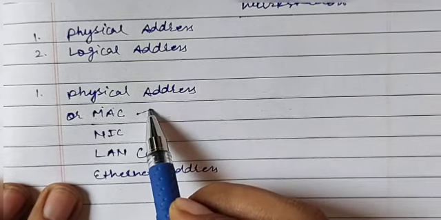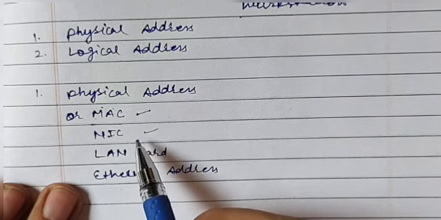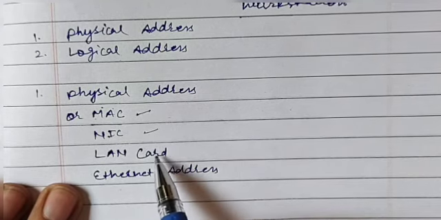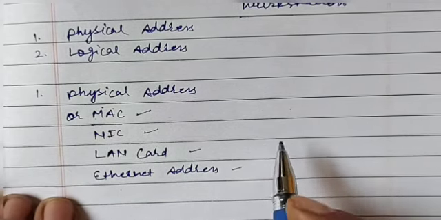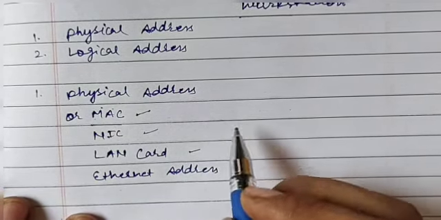MAC means media access control address. NIC means network interface card address. LAN card means local area network card address. Ethernet address. Dear students, there are some properties of these physical addresses.